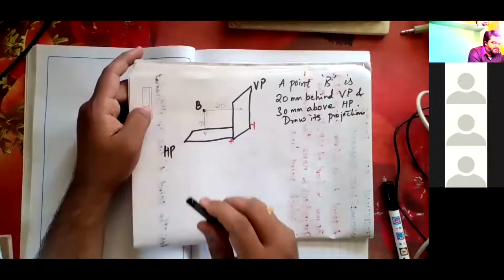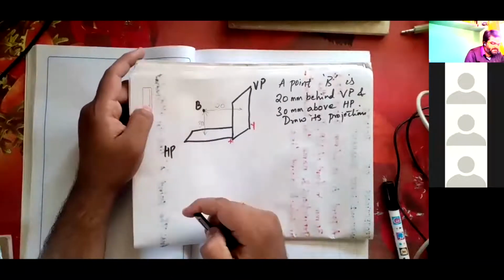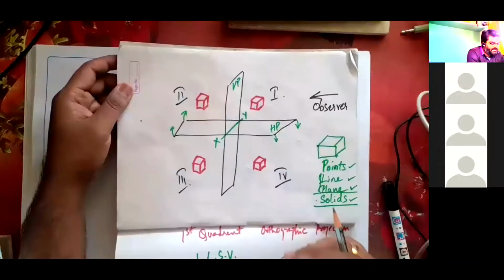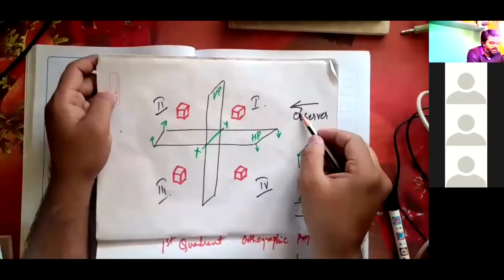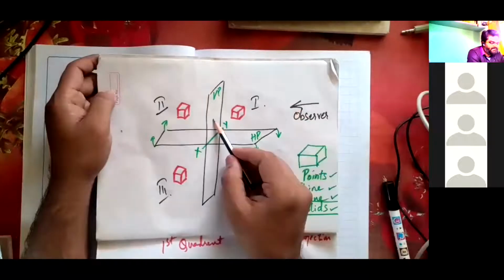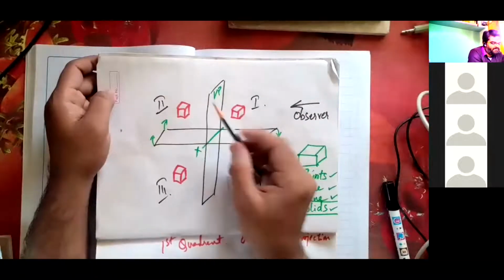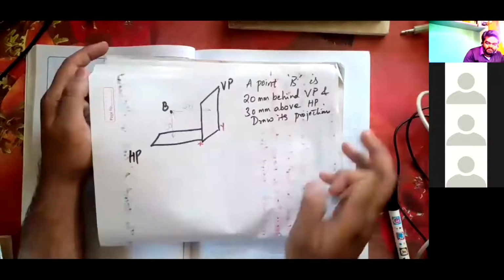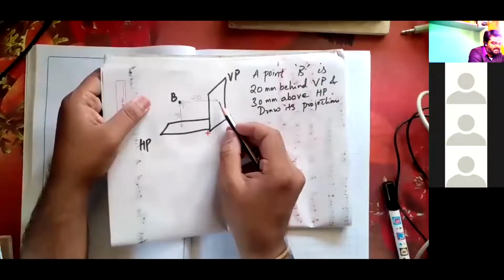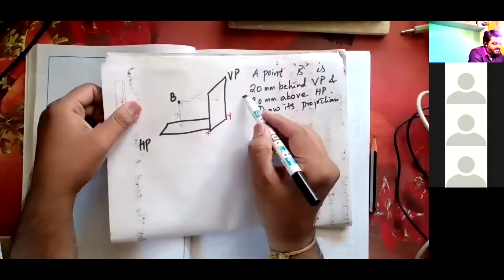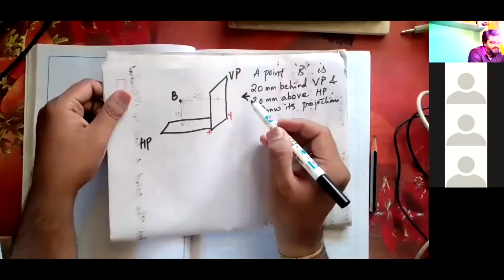Always remember this quadrant: the observer will be on your right, the plane of projection is here, and the object is here. I'll get the image in the vertical plane itself, so before the object itself, I'll get the view. As the observer sees from the right, I'll get the front view here itself.